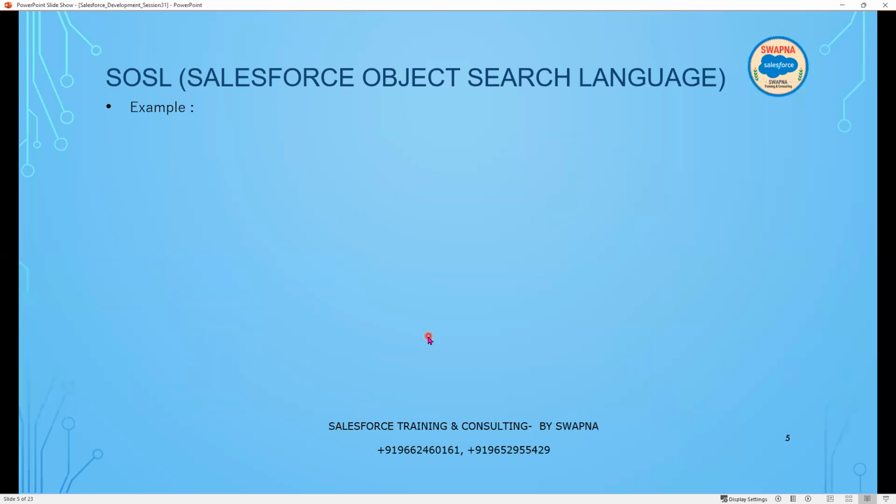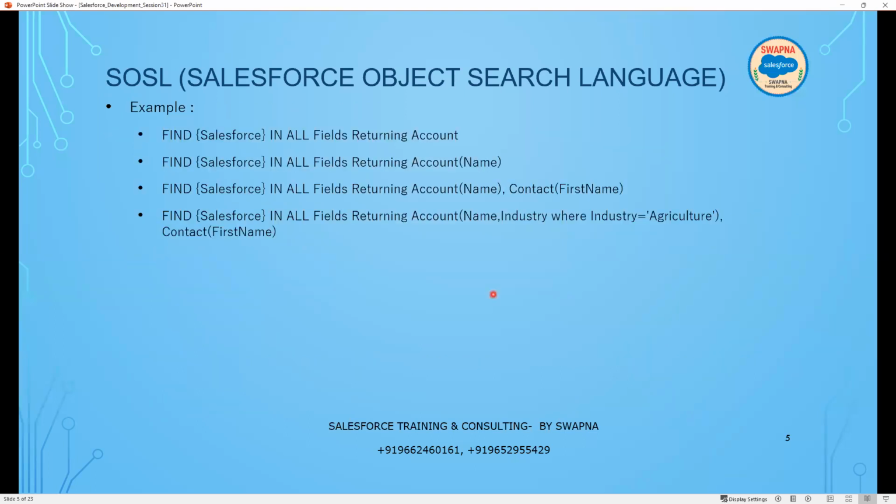Right, so these are the examples which we have seen. In case you want to apply the where condition, you can specify the account, name, industry.